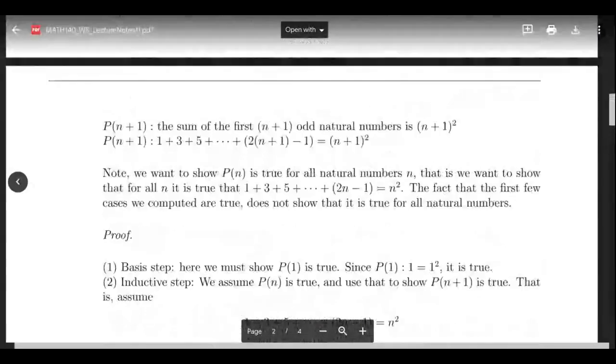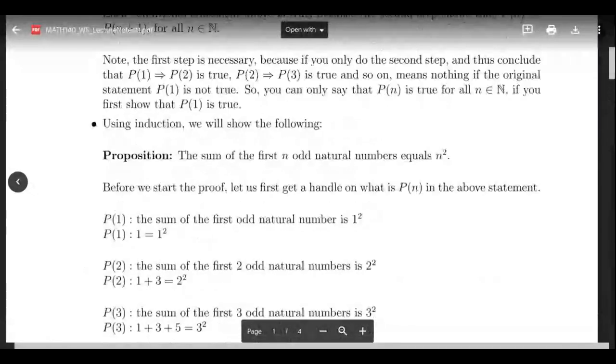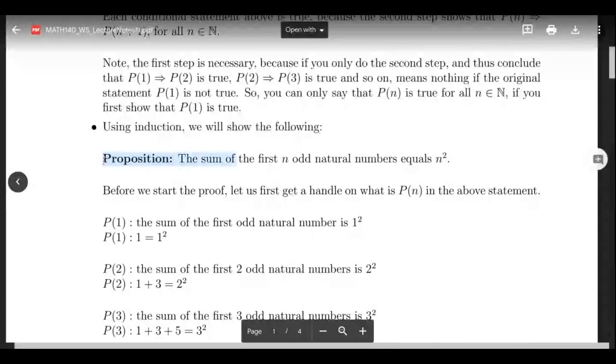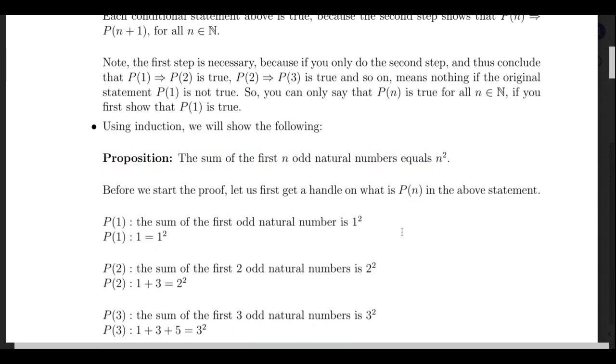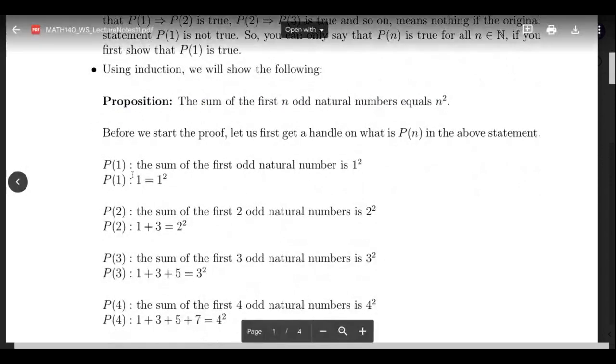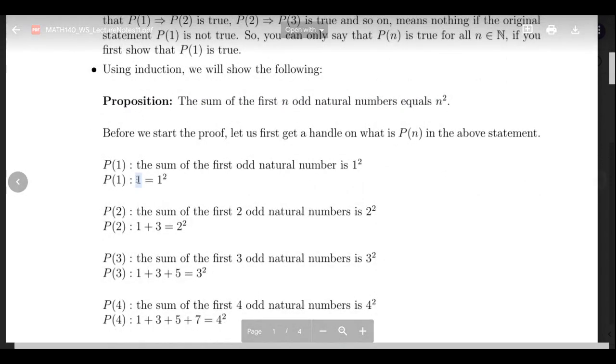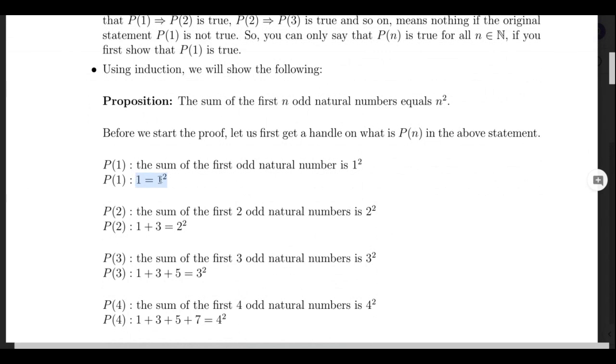Okay, let's go back a little bit. So what are we proving? We're proving this proposition: the sum of the first n odd natural numbers equals n squared. If we write it out, the first odd natural number is 1, and 1 equals 1 squared. The first 2 odd natural numbers are 1 plus 3, which is 4, and 4 is 2 squared.